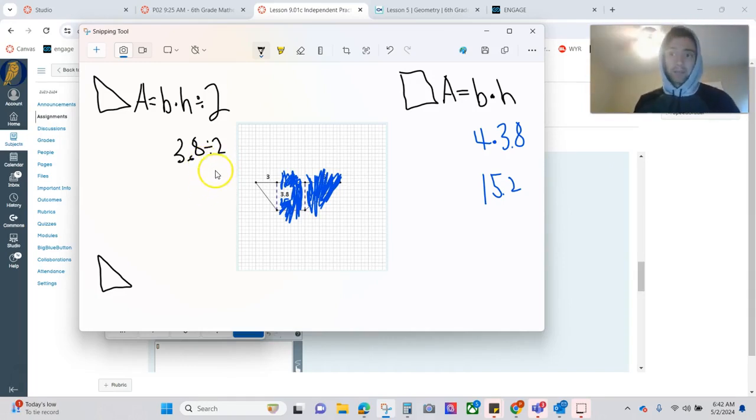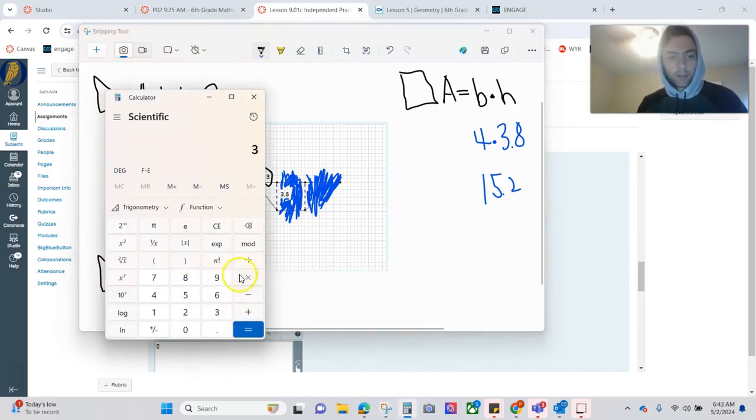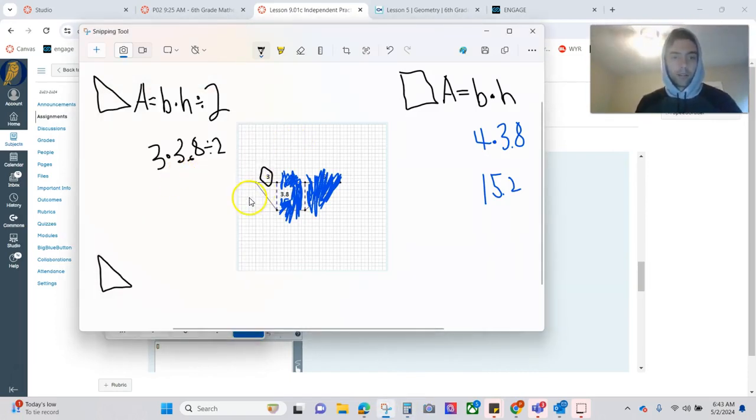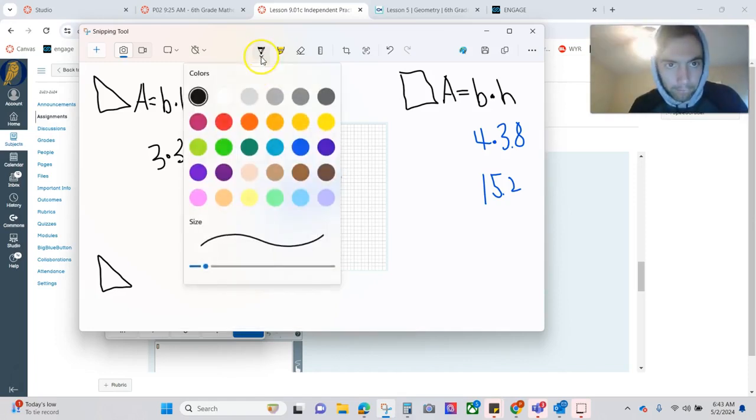It could also be the top. And looky here, a horizontal side of the shape that has the height coming out of it or going into it, a perpendicular angle like a plus sign. Looks like 3 is our base. 3 times 3.8 divided by 2. 3 times 3.8 divided by 2 is 5.7.